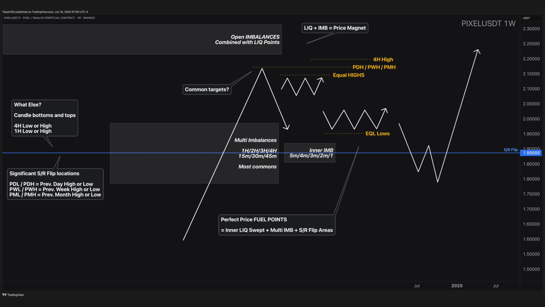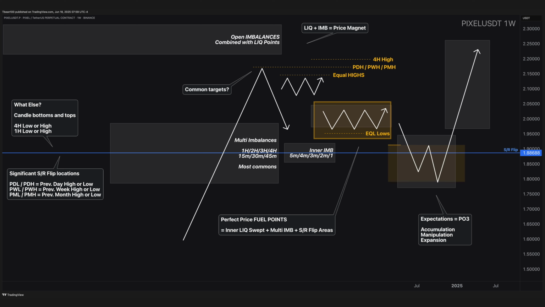So basically, what is the point of what we do here? In our entry area, we are actually looking for a small PO3, the power of 3. Accumulation, manipulation, and expansion. I hope that you get the main idea here.